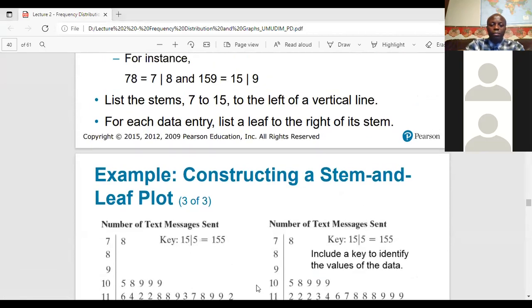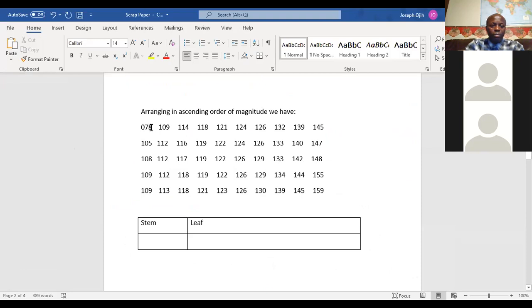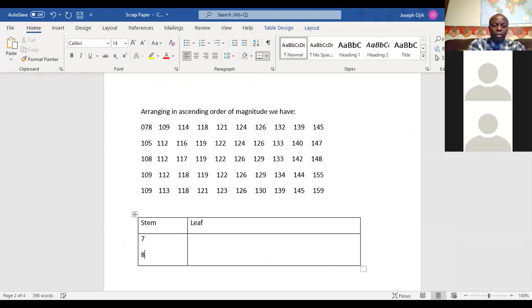Let me take you back. So you can see 0, 7. Now the first 2 digits are the stem. So you have 0, 7, 8, 9, 10. Now remember, it started from 0, 7, which is 7. There's no 8 and 9, right?